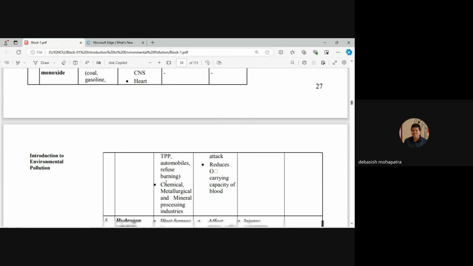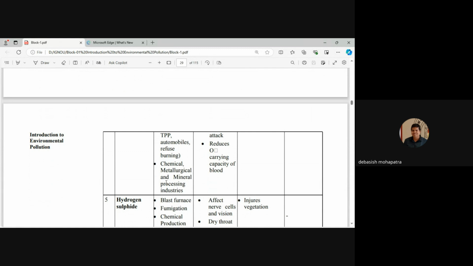We all know that when carbon monoxide is inhaled by us, it reacts with the hemoglobin to form carbaminohemoglobin. Actually, our hemoglobin, when it reacts with oxygen, gives oxyhemoglobin, which helps in carrying oxygen. But our hemoglobin has more affinity towards carbon monoxide than oxygen.